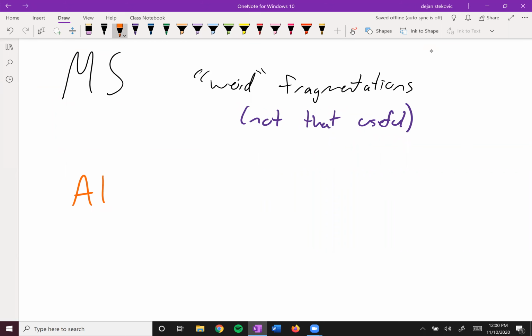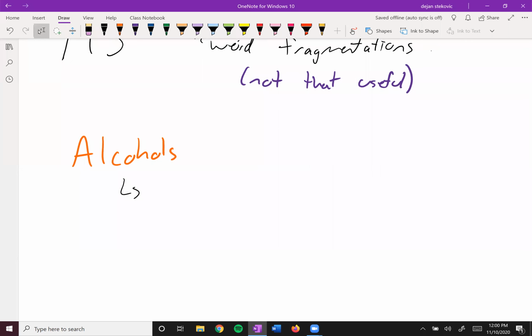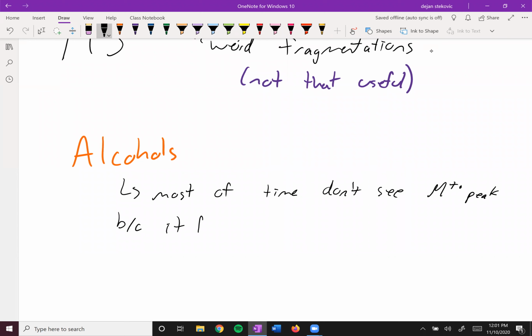One of the weird things that fragments are alcohols. And alcohols are so reactive to this fragmentation and rearrangement that most of the time you actually don't see your molecular ion peak because it fragments so fast.